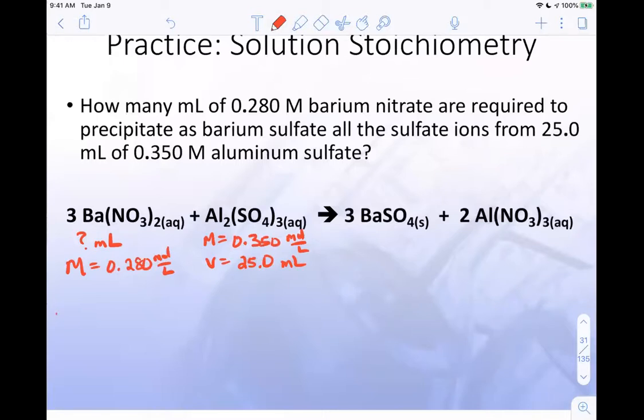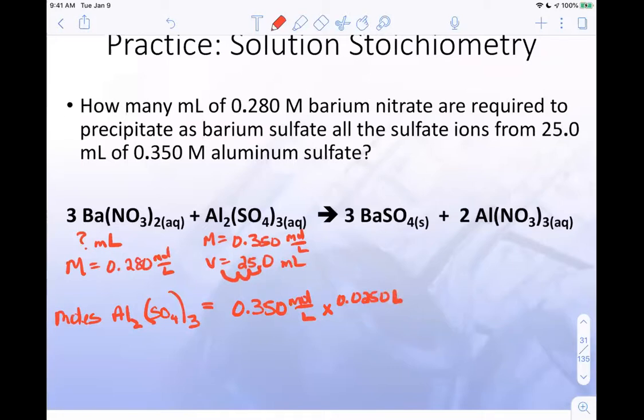So I can find moles of Al2SO4 by taking the molarity times the volume, and I'm going to do this in liters. So I have 0.0250 liters.